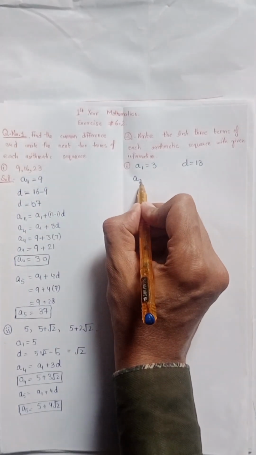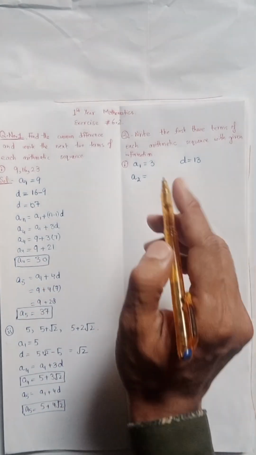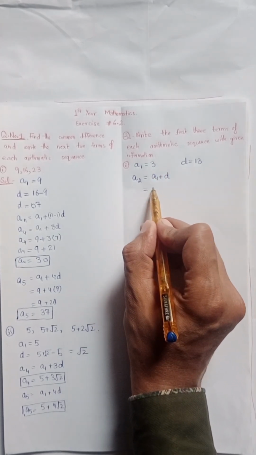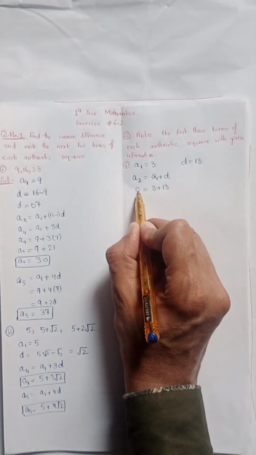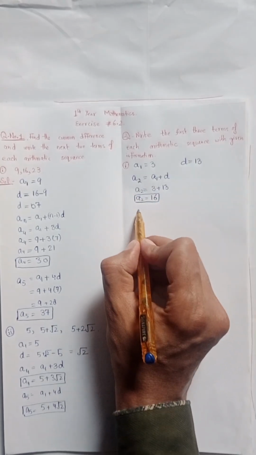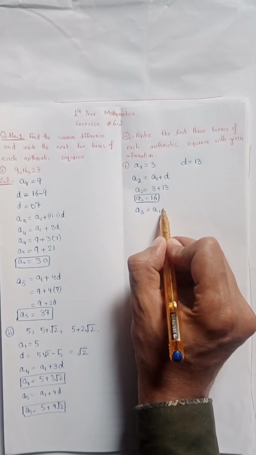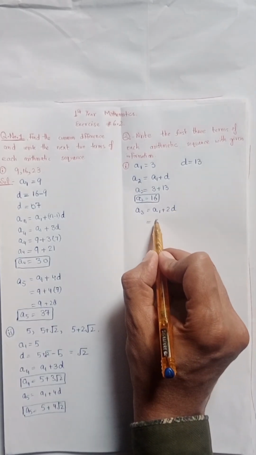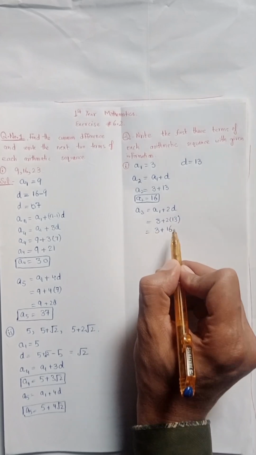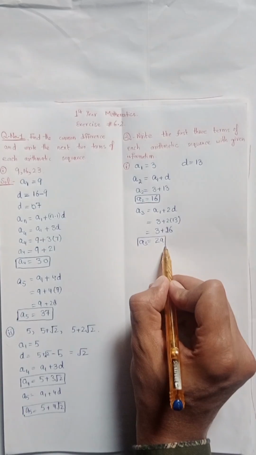We can find a2, a3 and a4 by applying the formula. a2 equals a1 plus 1d, 3 plus 13, so a2 equals 16, and a3 equals a1 plus 2d, 3 plus 2 into 13, 3 plus 26, that equals 29.